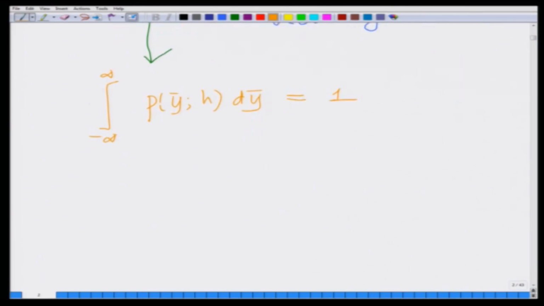Now, what we do is we differentiate this with respect to h.